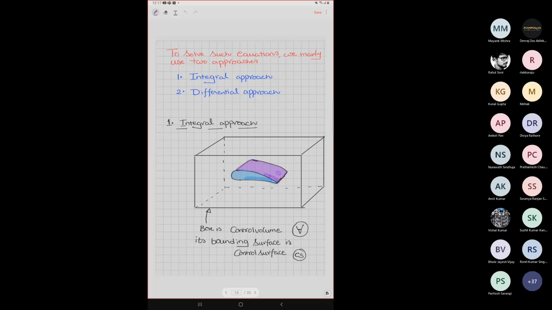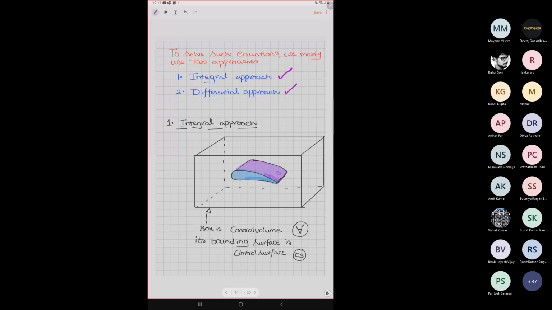And especially that will be handled by two approaches. Whether you use pen and paper or develop a computational program, it depends on two approaches, namely the integral approach and the differential approach. This is more like an algorithm you are going to apply on any typical flow problem.